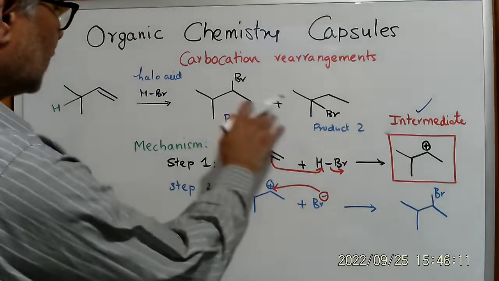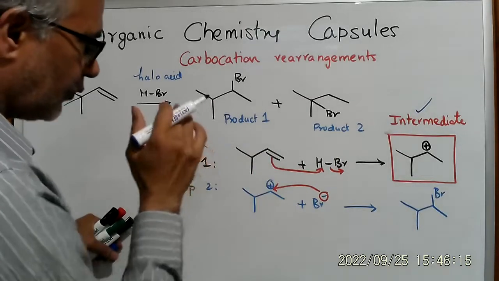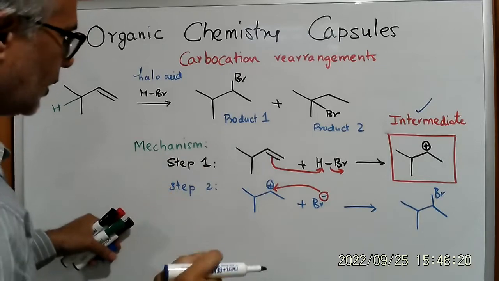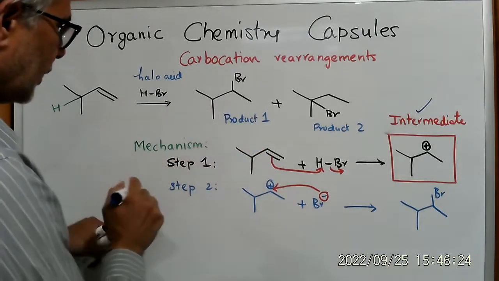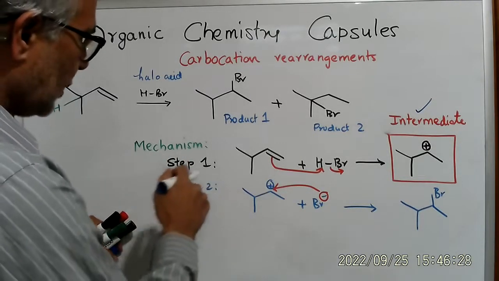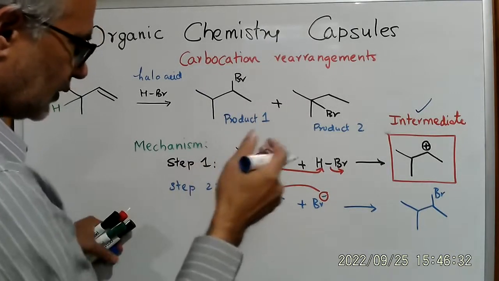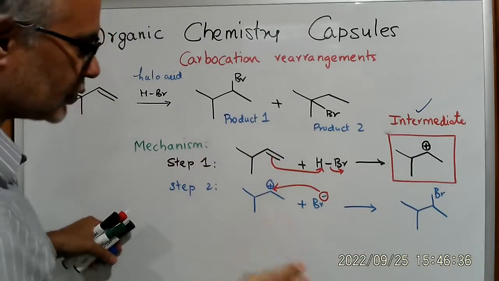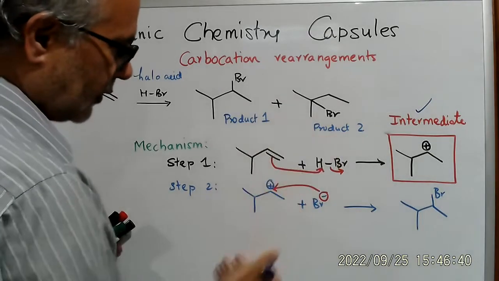In this reaction, we are looking at how product 1 forms, and then we'll see how product 2 forms. In the mechanism of how product 1 forms, there are a couple of steps. In step 1, the alkene, the compound with the double bond, has double bond electrons that can be donated, so it can act as a base.